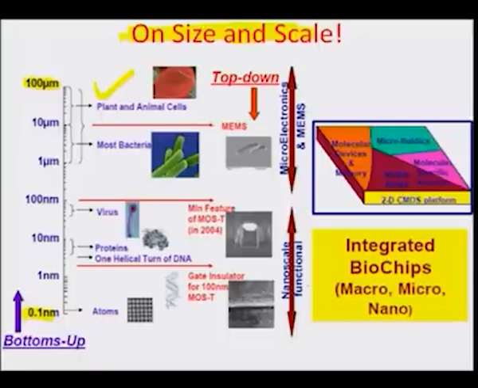Just to give you a few examples on the size domain, 100 microns typically is the size of a human hair, and these entities here are the biological entities which are very commonly available in different forms of life in nature.